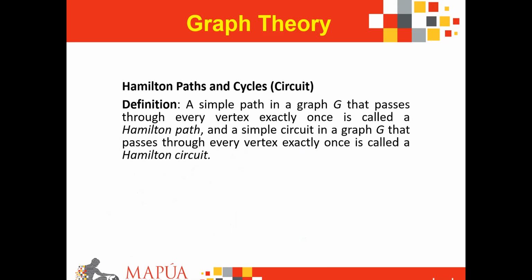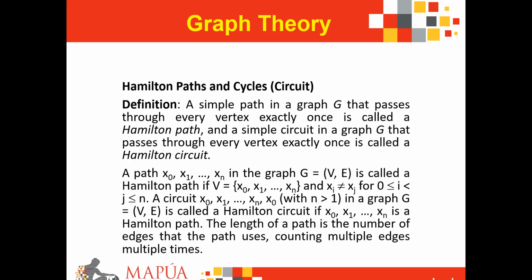By definition, a Hamilton path is a simple path whereby graph G passes through every vertex exactly once, and a simple circuit is simply a graph G that contains a simple path whereby it passes through every vertex exactly once and go back to your starting vertex.